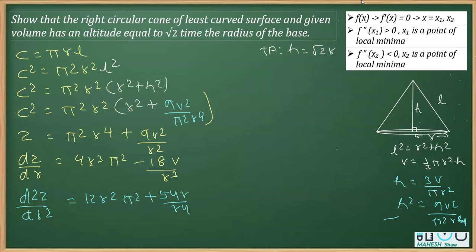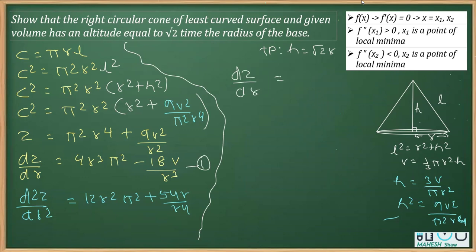So for finding the critical point, I need to equate this with 0. Now if I equate, I just need to write for maxima minima. You may write down the statement in the exam. I can simply write dz by dr equal to 0.